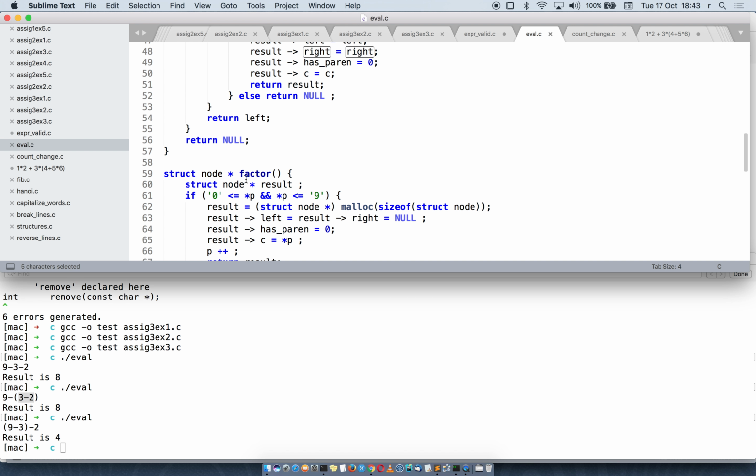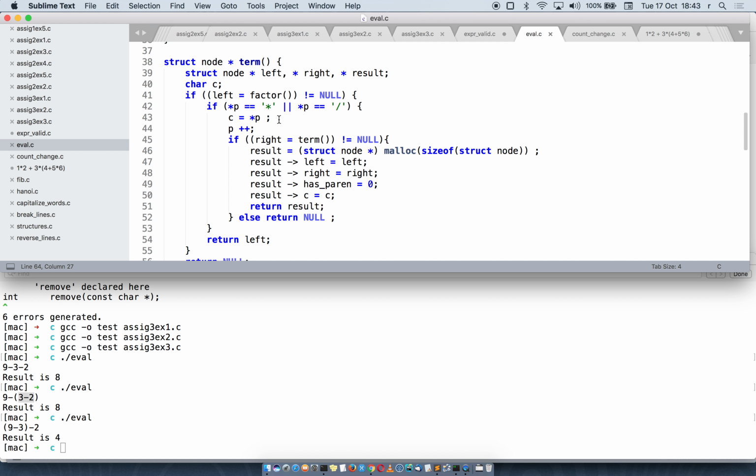We made this change in factor, right? This is where we made the change. This is the first place where has paren maybe 0, right? So let's look at the place where factor is being returned, which is here, right? So we have factor, so we have a left, we have a right, all right?